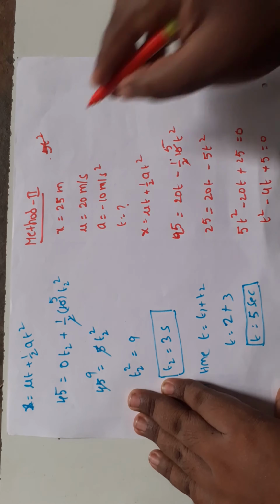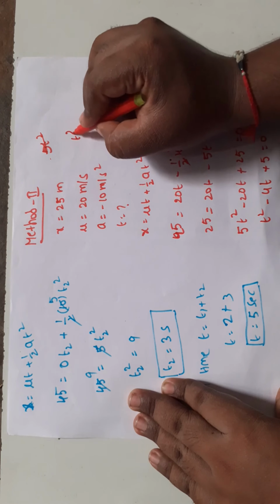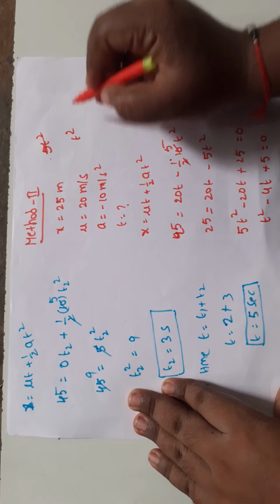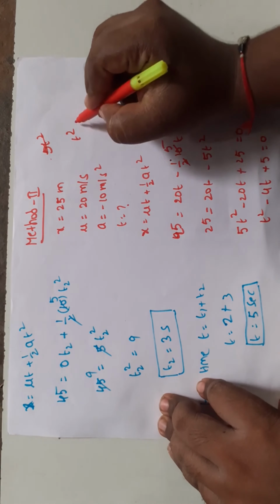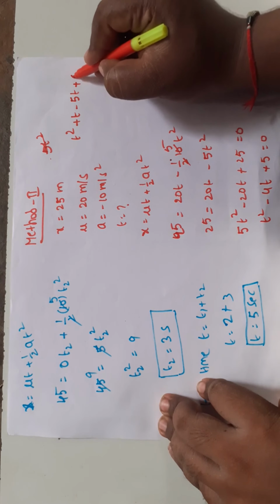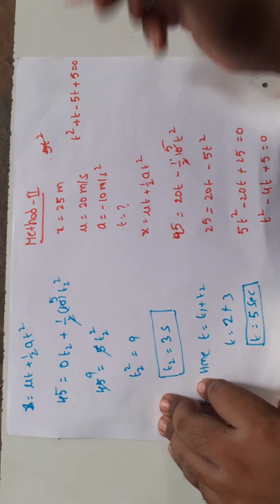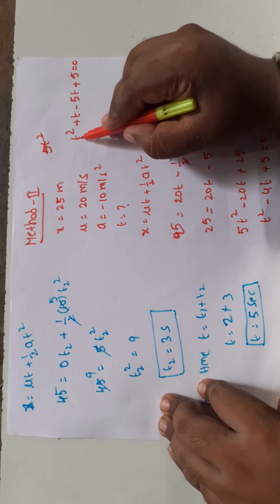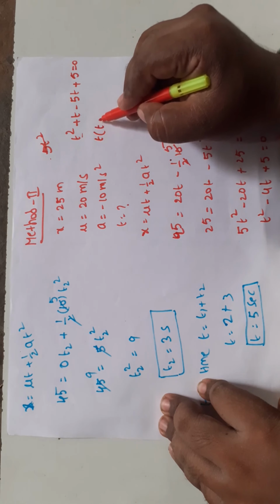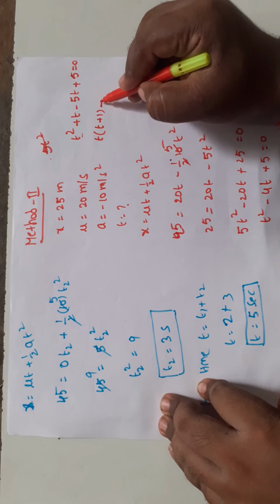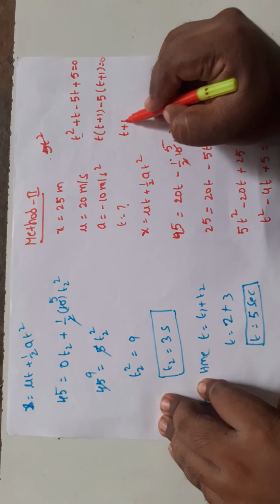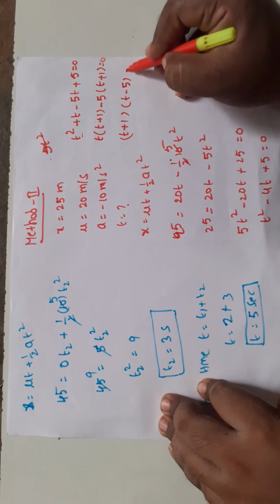Now in the above equation, 4t can be written as plus t minus 5t plus 5 equal to 0. These are the factors. So between t square and t, I am taking the common term t. So t plus 1 here, minus 5 times t plus 1 equal to 0. t plus 1, t minus 5 equal to 0.